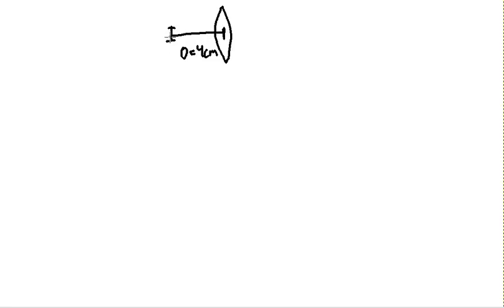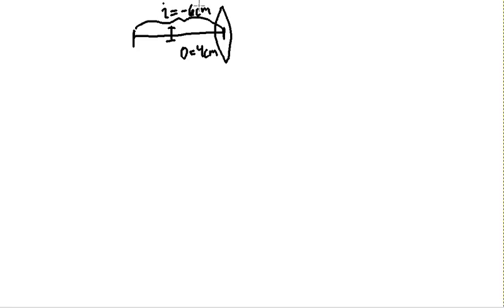So this image is going to be negative because it's virtual and upright. So let's say that this image distance right here, this whole thing right here, is going to be 6 centimeters. But since it's virtual and upright, we are going to need to assign that a negative 6 centimeters.